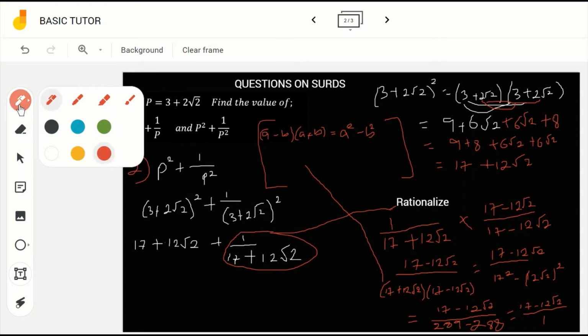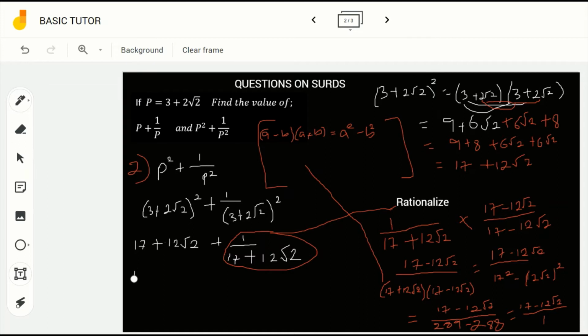So therefore, we can now solve this. We now have 17 plus 12 root 2 plus 1 over 17 plus 12 root 2, which gives us 17 minus 12 root 2.